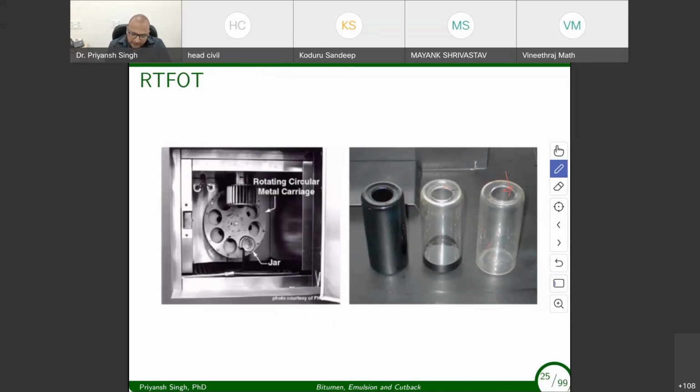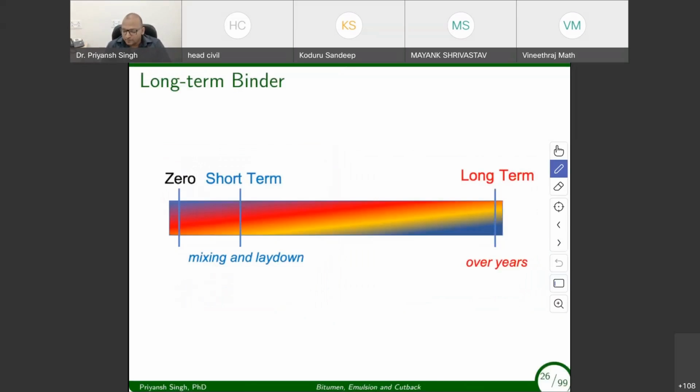Now this jar is kept in this carriage, and then the whole carriage is rotated. At the same time, the temperature here is around 160 degrees Celsius, and you will flow some hot air also inside these bottles. Now the combined effect of all these things will be aging of the binder.